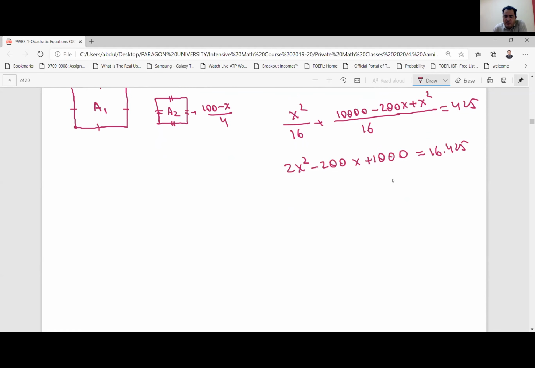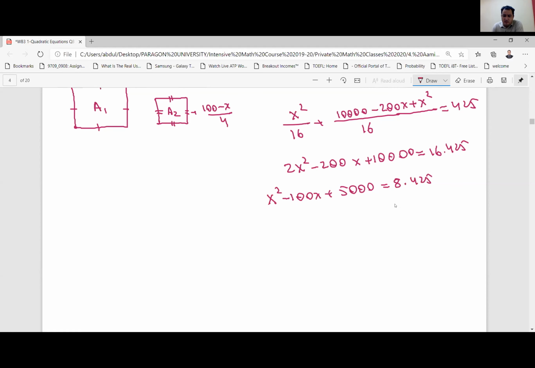Every step we try to simplify as much as possible. All these numbers are even numbers. Before taking this to the left-hand side, let's divide all numbers by 2. So here we have X squared minus 100X plus 5,000 equals 8 times 425.